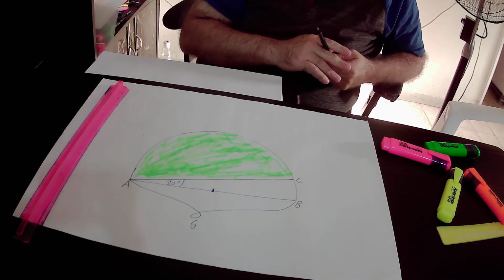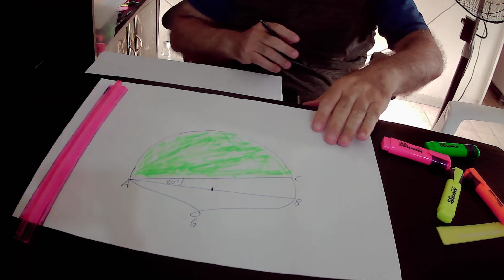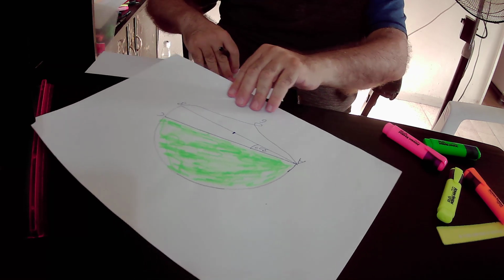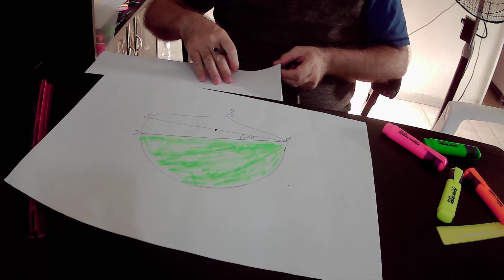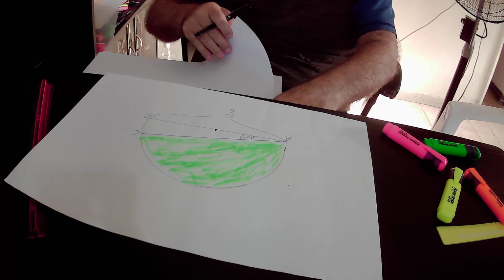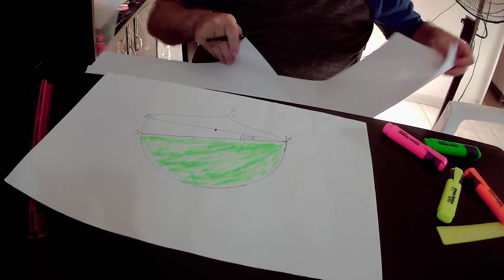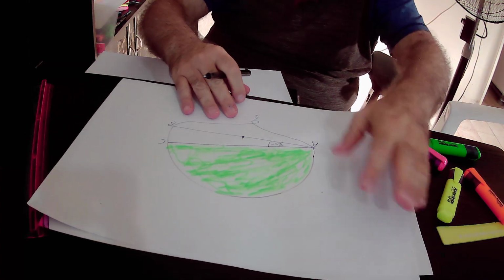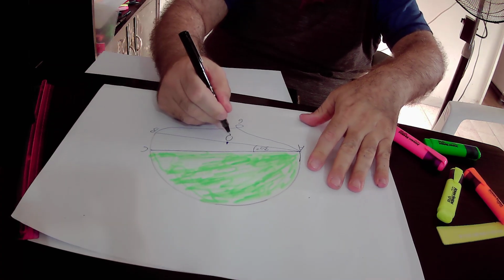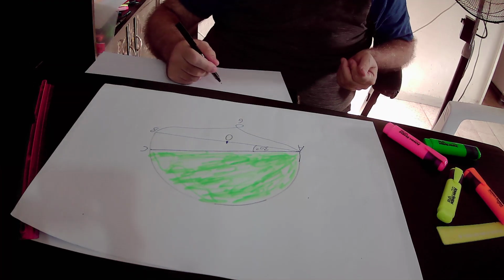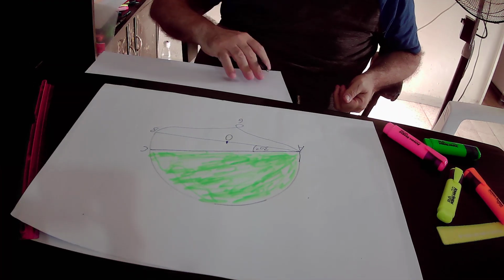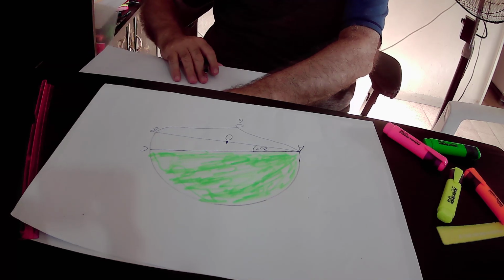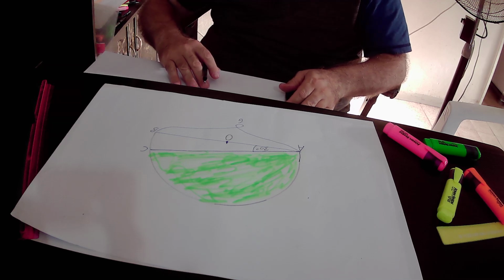Okay, so first of all, we will define the center of this semicircle as O. The diameter of this semicircle is equal to 6 units, therefore the radius must be equal to half of it.